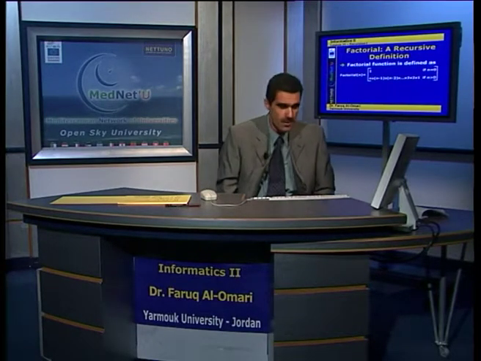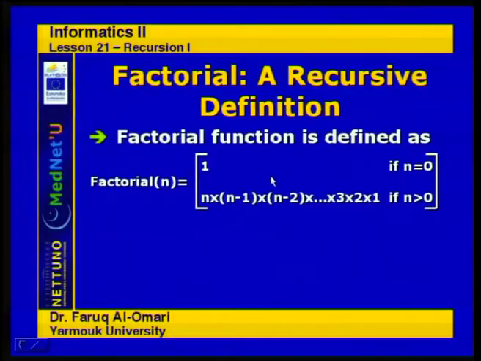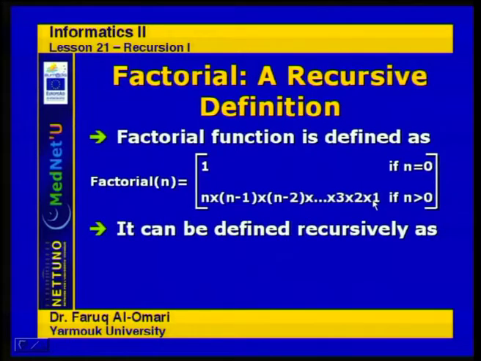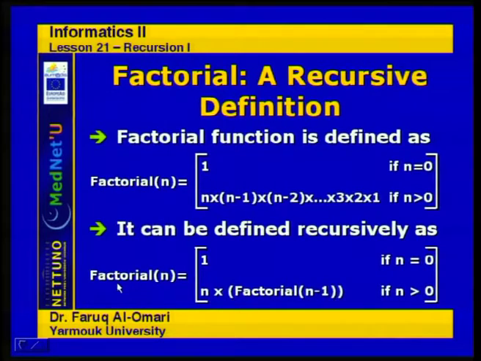So in terms of mathematics, factorial of n equals 1 if n equals 0. Otherwise, it is n times n minus 1, n minus 2, and so forth, down to 1. All right. This can be defined recursively in this way. Factorial of n equals 1, which is the terminating condition or base case, for n equals 0.